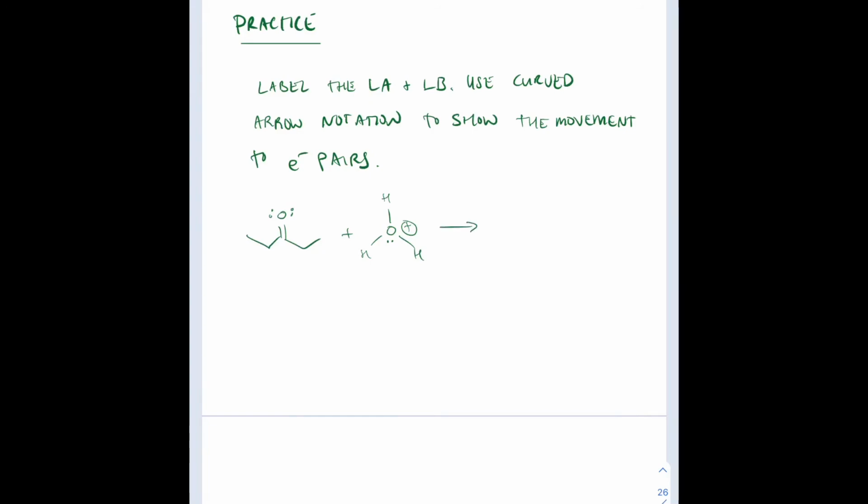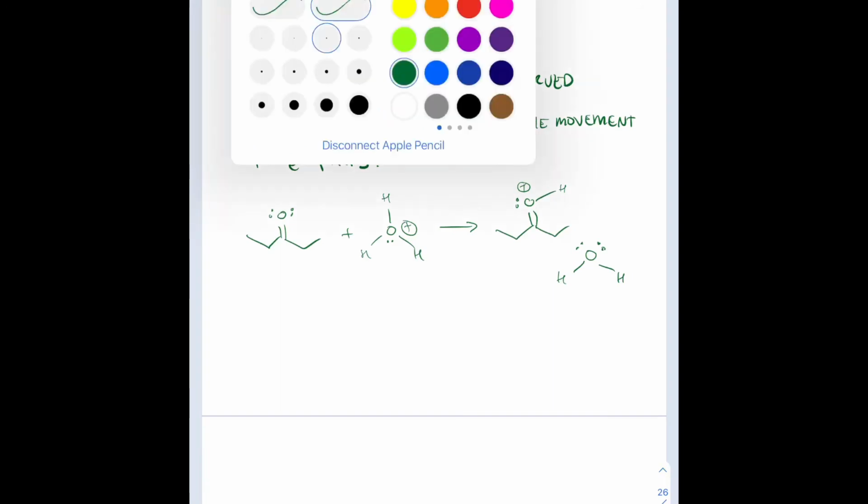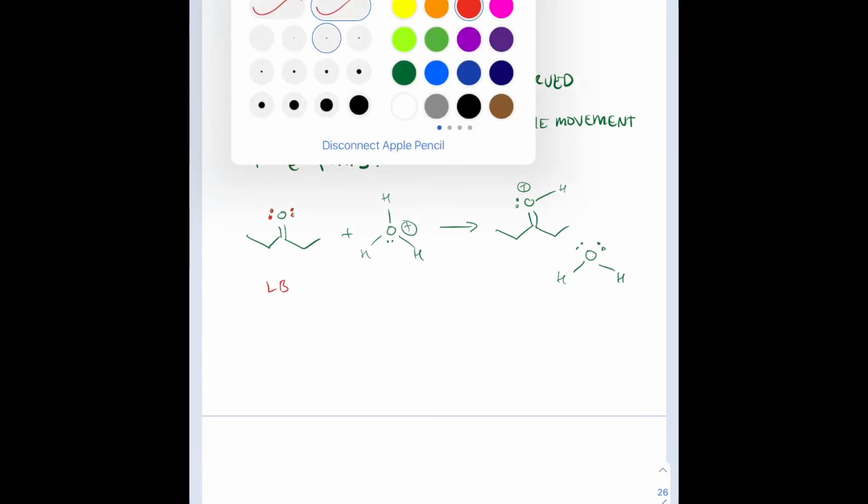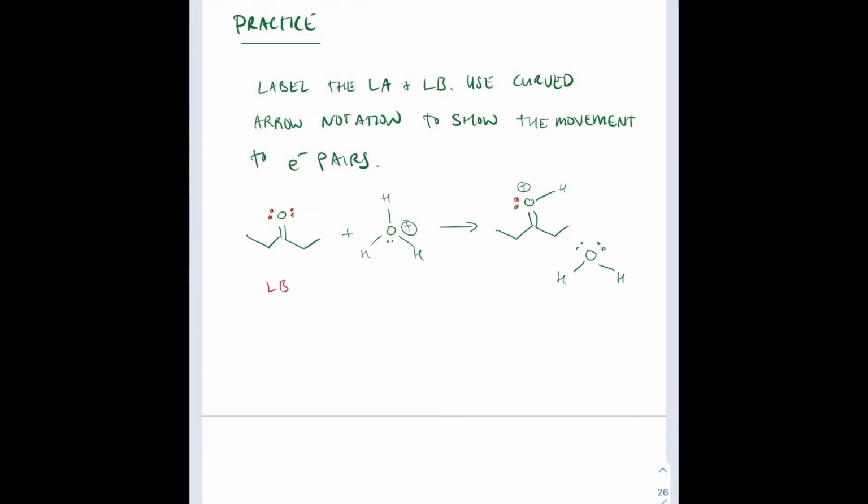So we got this ketone on the left with hydronium ion, and then we've got our products on the right. It's oxygen with 3 bonds and a positive charge, called an oxonium ion, and then we've also got water. So we want to label the Lewis acid and the base and then use curved arrow notation. So hydronium ion we know is H3O+, that's the acid, right? So that means that the ketone, the one on the left, should be the Lewis base.